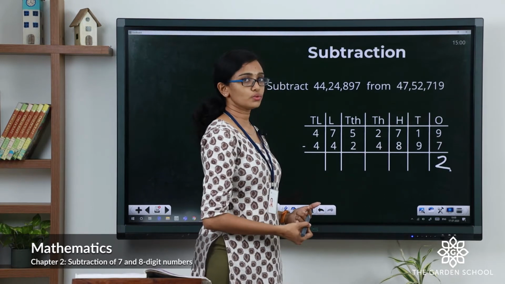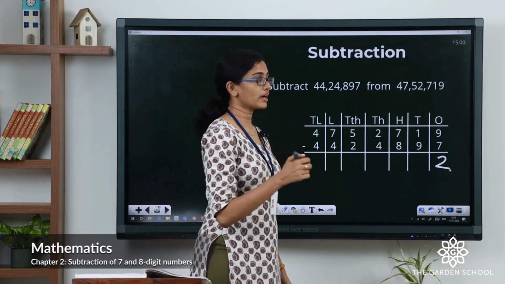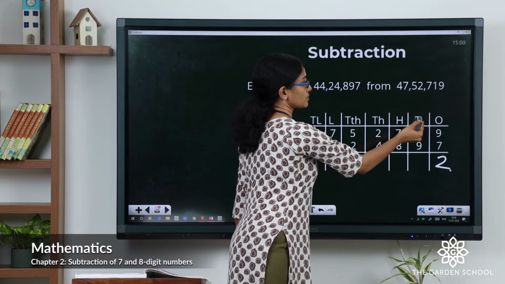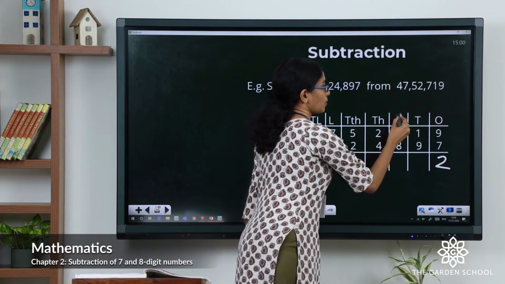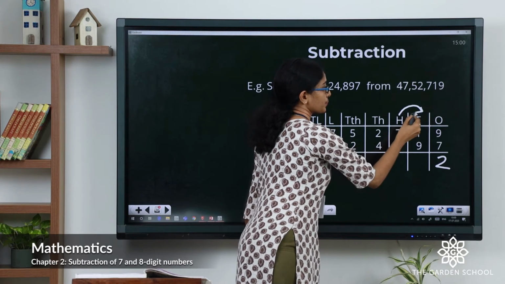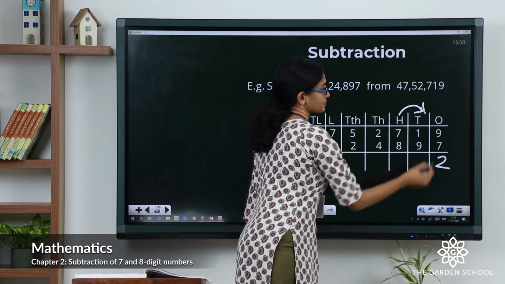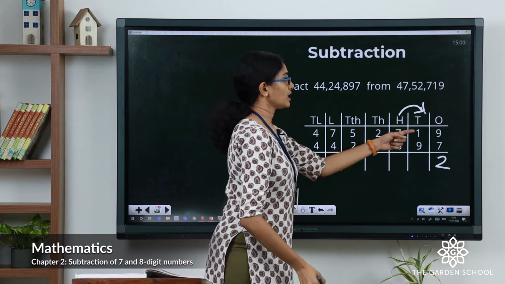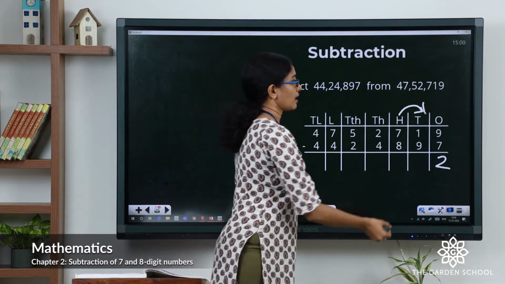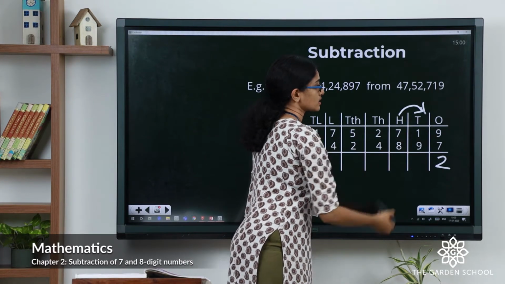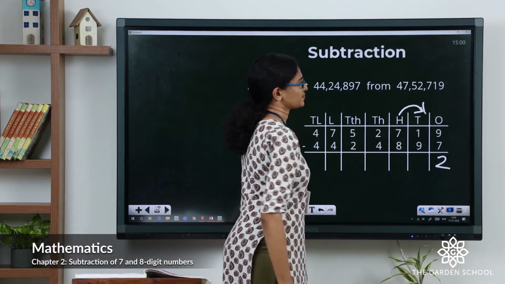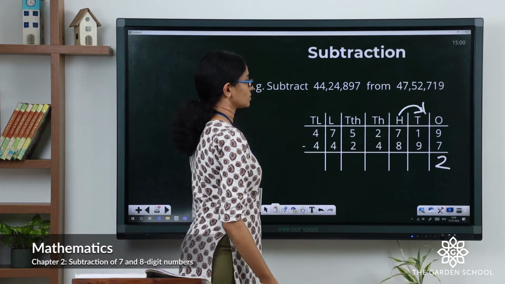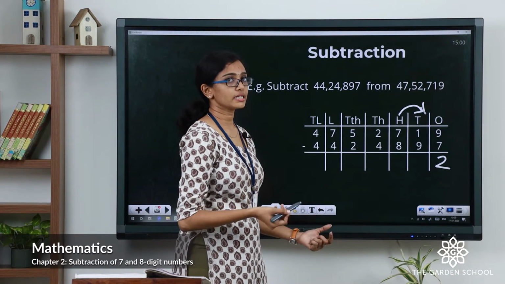So what do we do? Let's borrow 100 from the hundreds place to the tens place. So I am borrowing 100 to the tens place. So now here I have 100 plus 10. 100 we know is 10 tens.